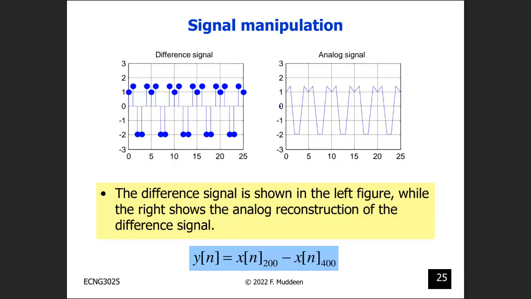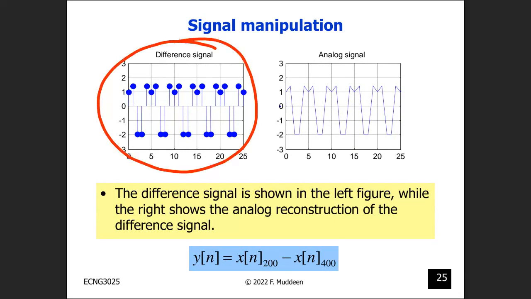If I do that, then I get this one here, right? The analog signal looks something like that. That's a reconstruction.